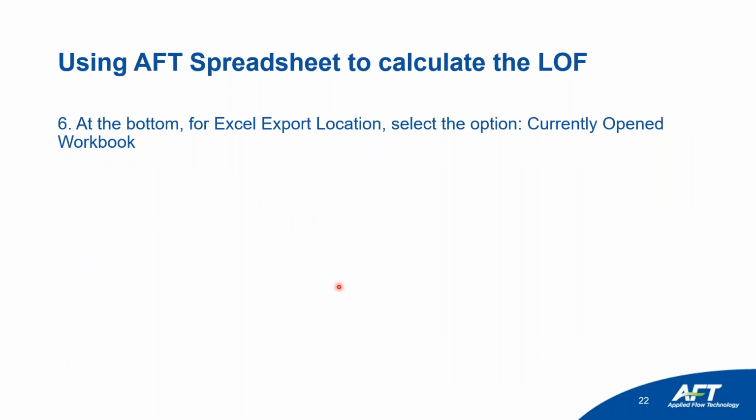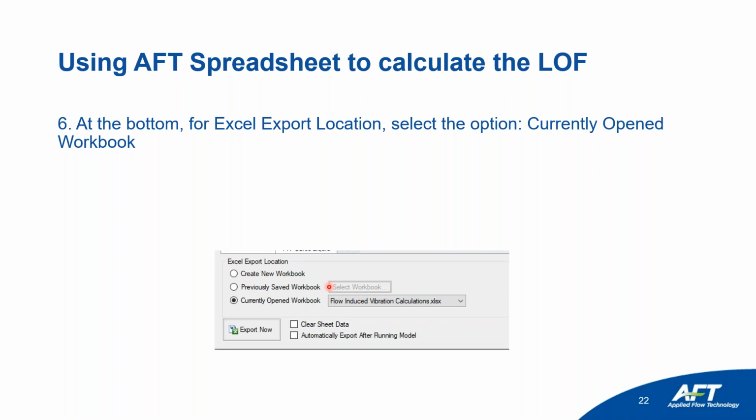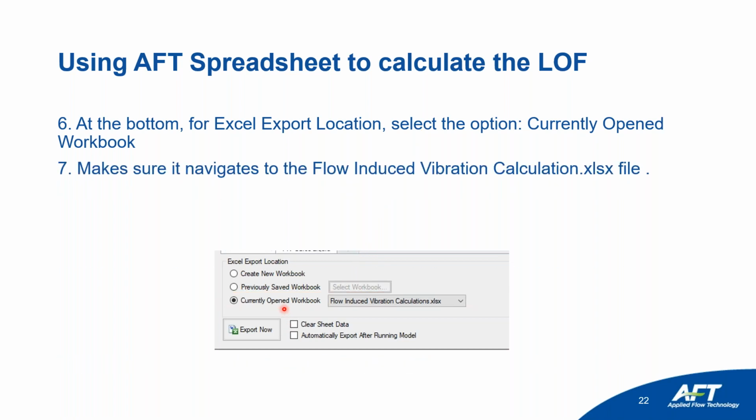The next step is, at the bottom of the Excel export location, you select currently open workbook. I like to open the spreadsheet beforehand to make sure that I export to the correct spreadsheet. And you have to make sure it's navigating to the flow-induced vibration calculation file, or if you gave it another name, make sure it navigates towards that.